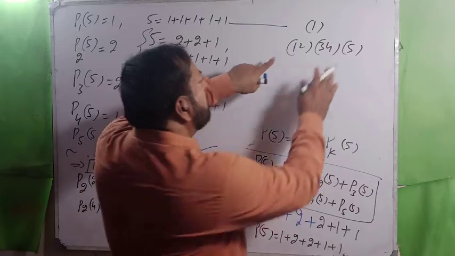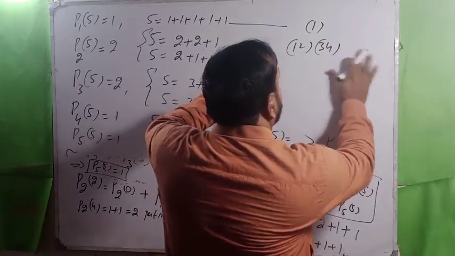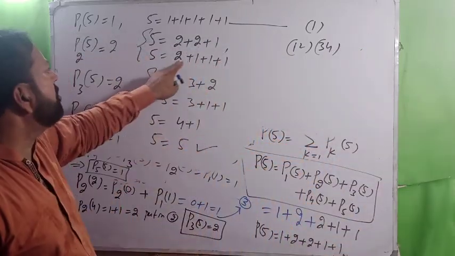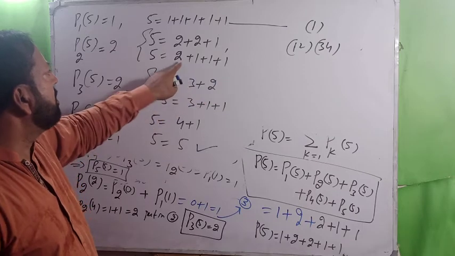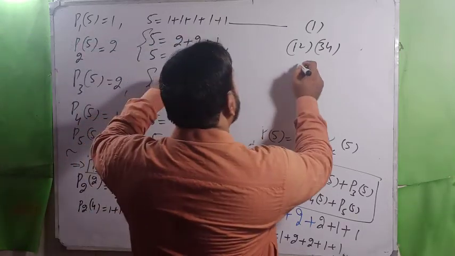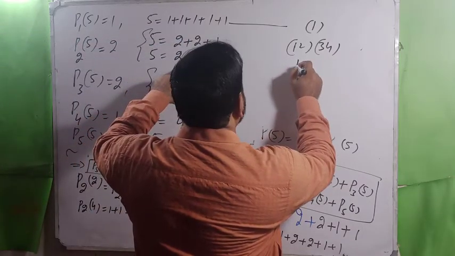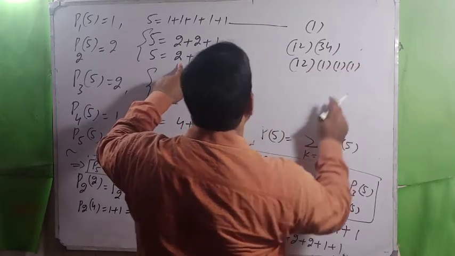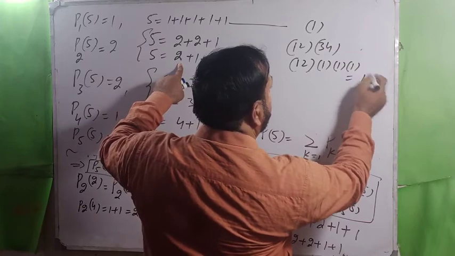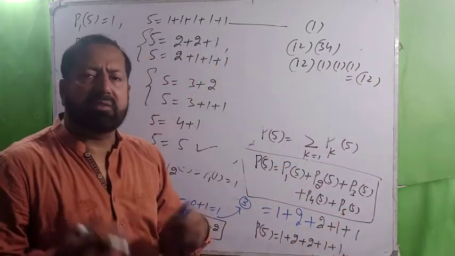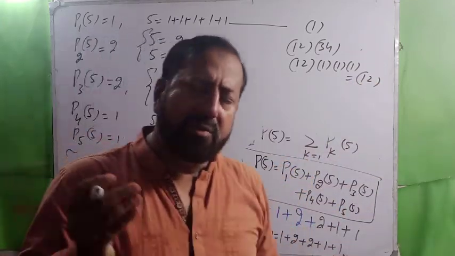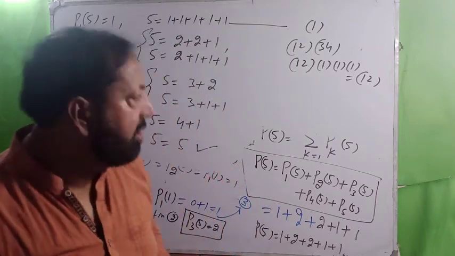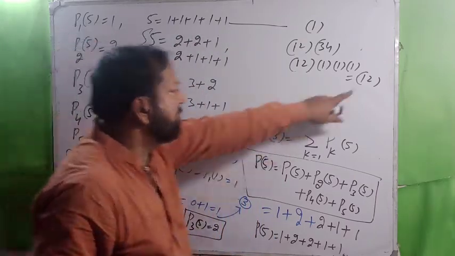So I can write the structure simply like this, (1 2). Another structure is 2, 1, 1, 1. So (1 2) and 1, 1, 1. No need to write 1, 1, 1, because if you multiply with identity, you are getting nothing, right? Except the (1 2) itself.